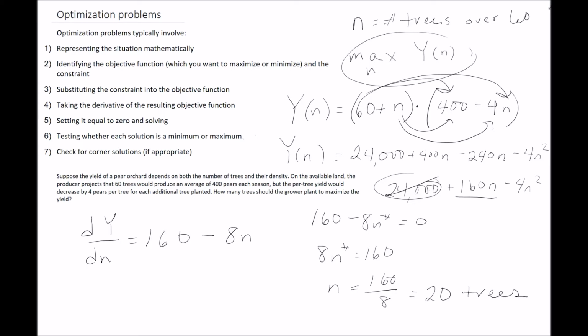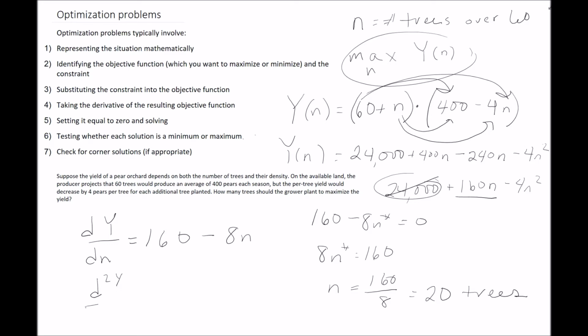I, at this point, have a few little housekeeping things that I need to double check. I need to verify that I've actually found a maximum, so I'm solving for the maximum yield here. The easiest way to do that with a polynomial is to take the second derivative with respect to n.